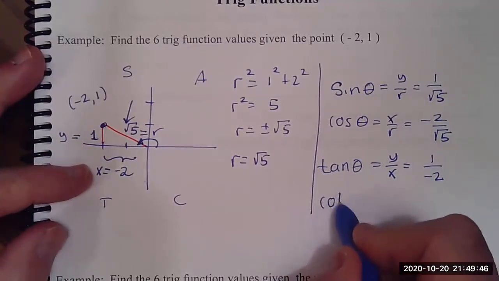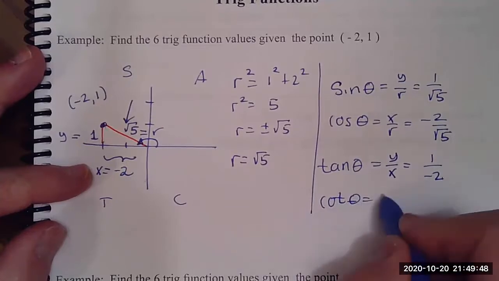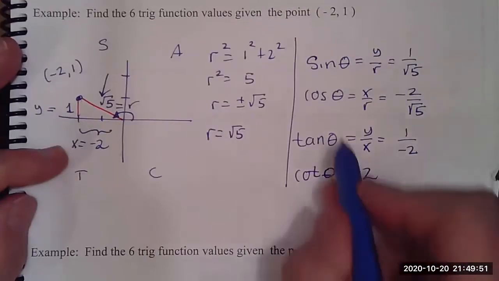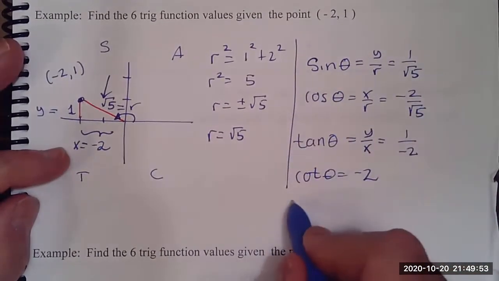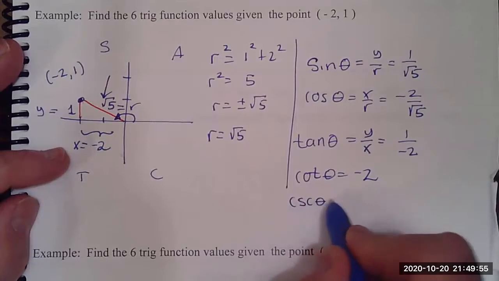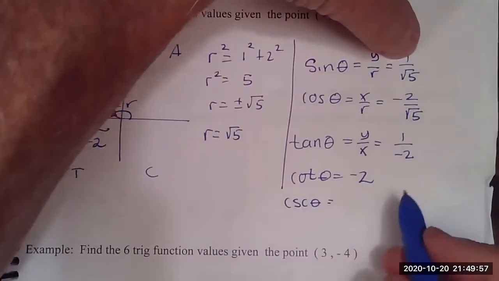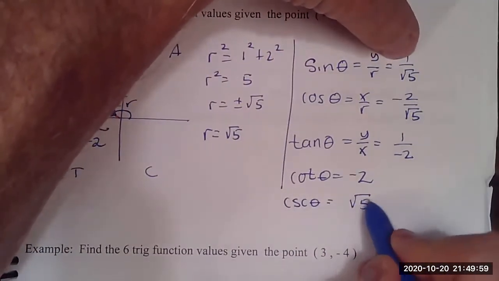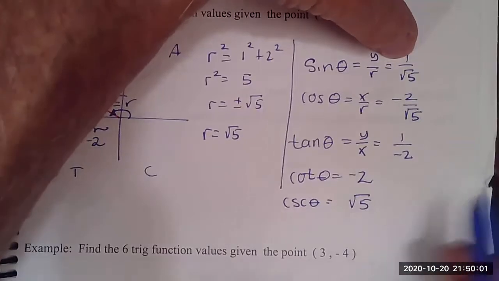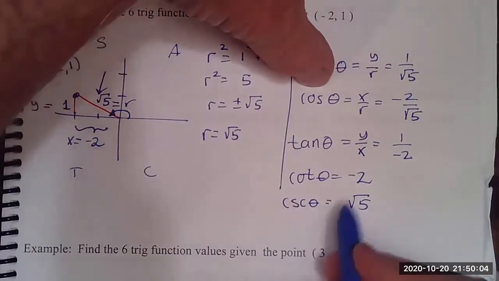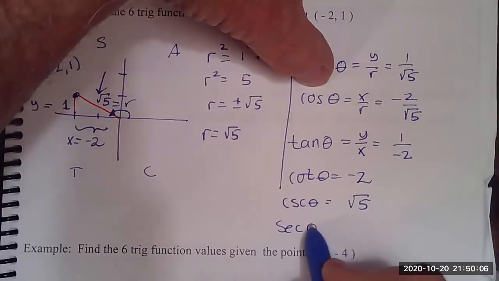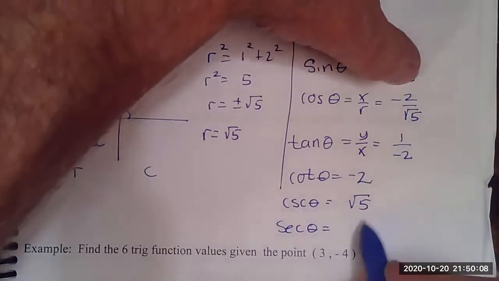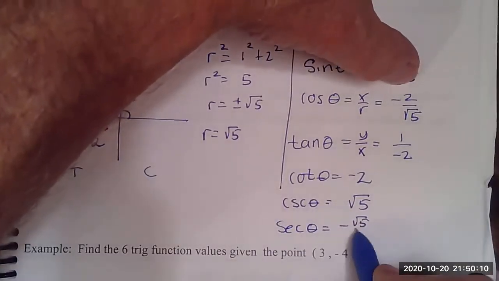Let's do cotangent now. Reciprocal of that is -2. Reciprocal of sine would be cosecant. So take the reciprocal of that, which would be root 5 over 1, or just root 5. And the reciprocal of cosine is secant, which should be -root 5 over 2.